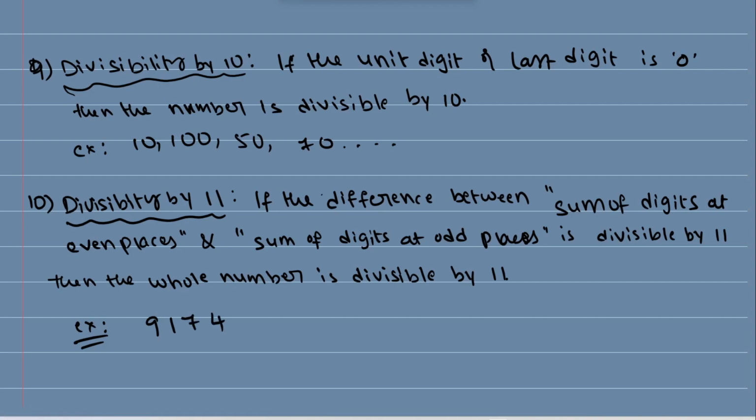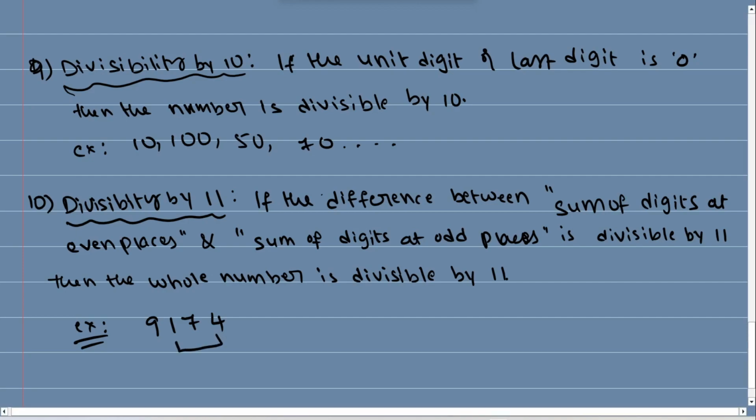Let's take an example here: 9174. The even places means you can say alternate places also. If we take the unit place, then leave the second number and take the next, like that.